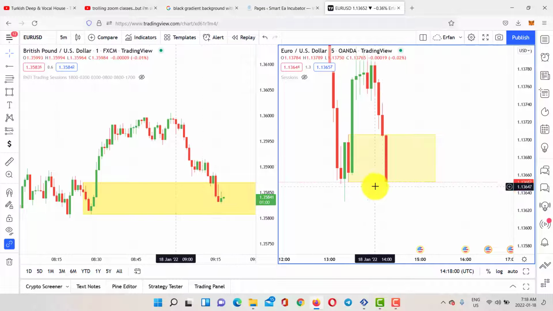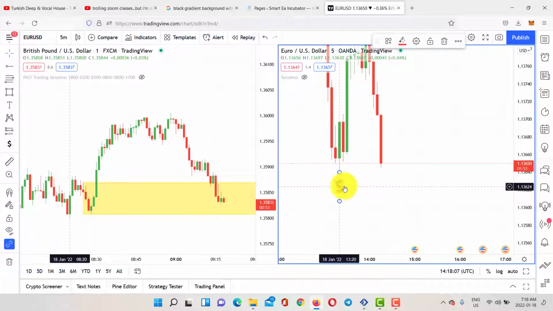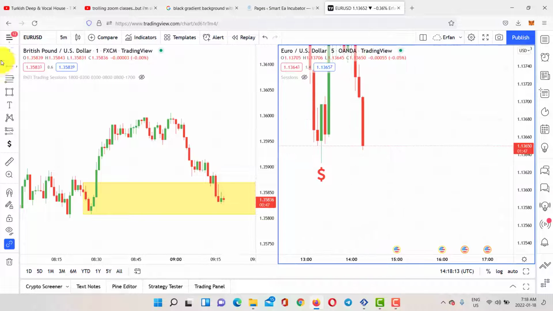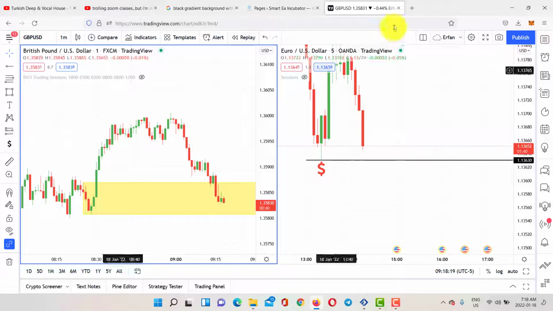Even this shadow counts, so it's become immediately invalid, and I'm not going to take a trade here. But we have liquidity here. Maybe it's targeting this level, and then after the liquidity grab, it goes up. I don't know, but I'm going to put this line here because we have a liquidity grab, and after that we'll see what happens.